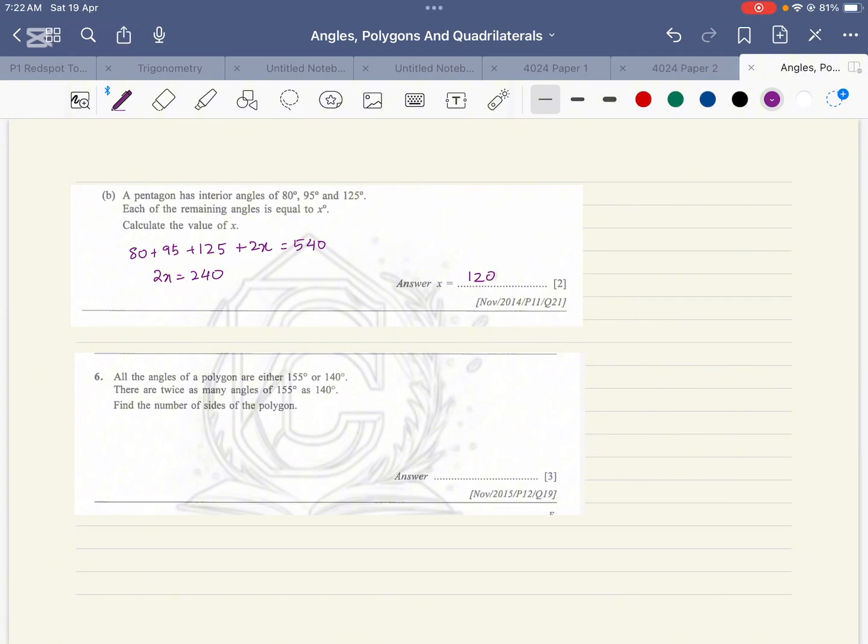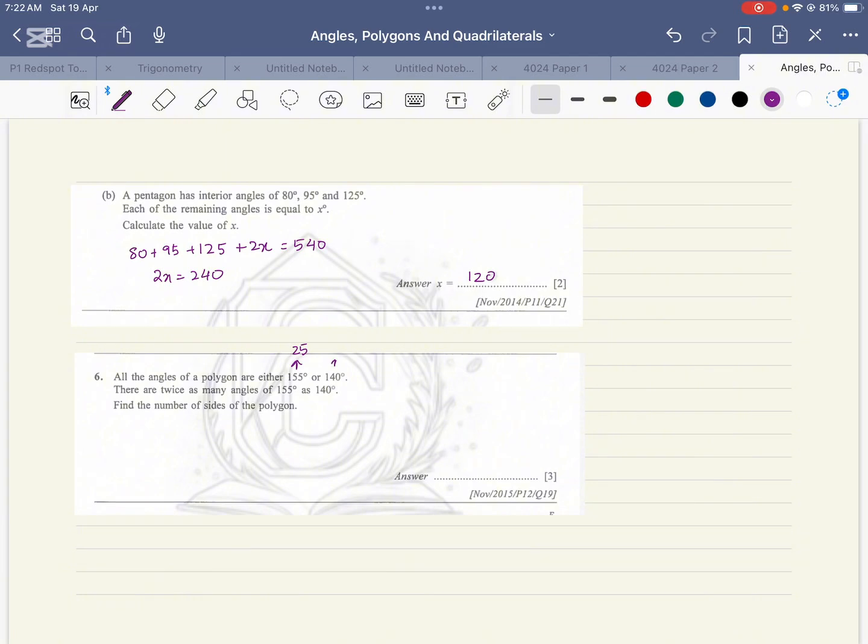Second one, all the angles of a polygon are either 155 or 140. We can use either interior angle or exterior angle. I find exterior angles easier over here. So let's see, if the interior angle is 155, the exterior angle will be 25.